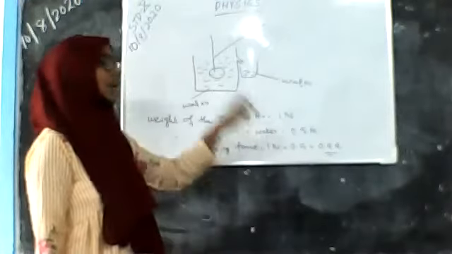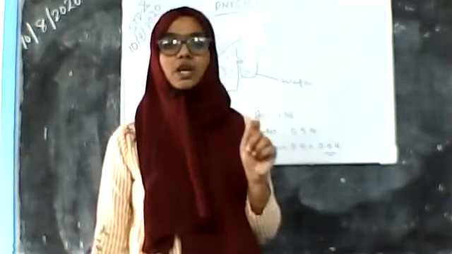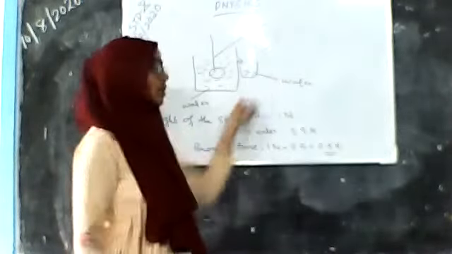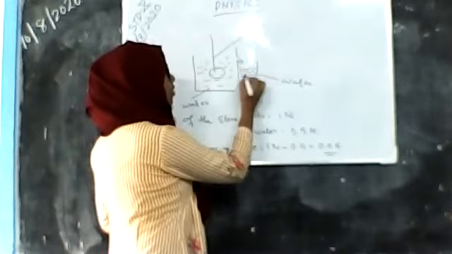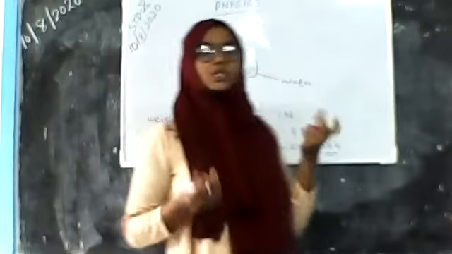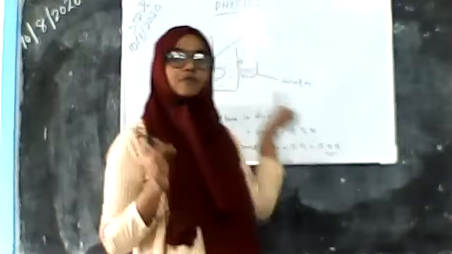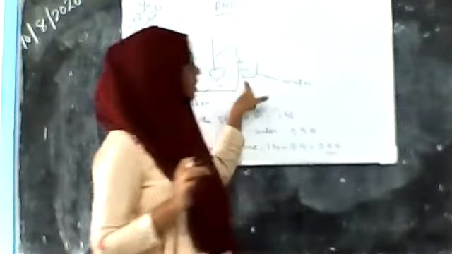Now we have another measurement: the weight of the overflowing water in the second beaker. To measure this amount of water, we also have to use the spring balance, and we got the answer.